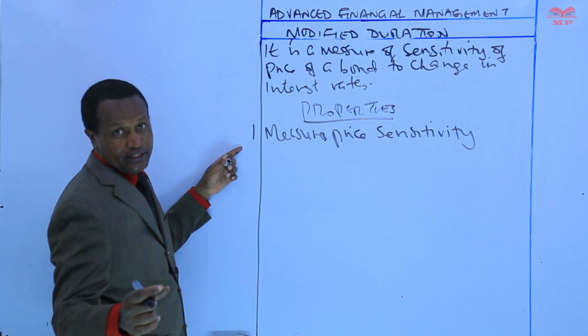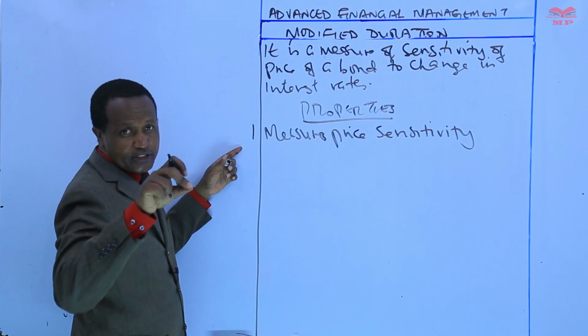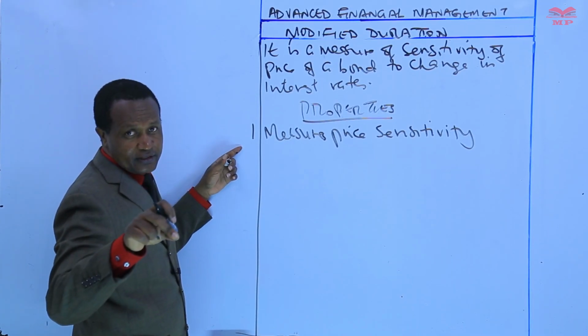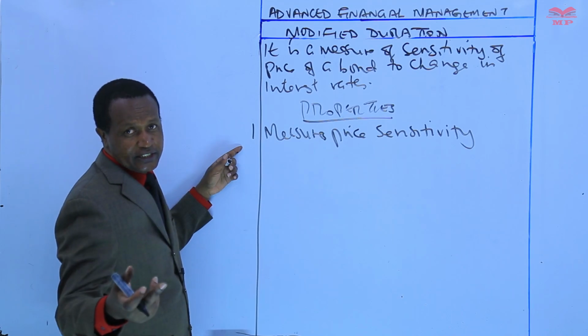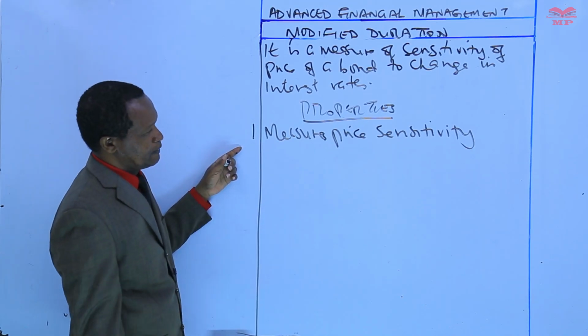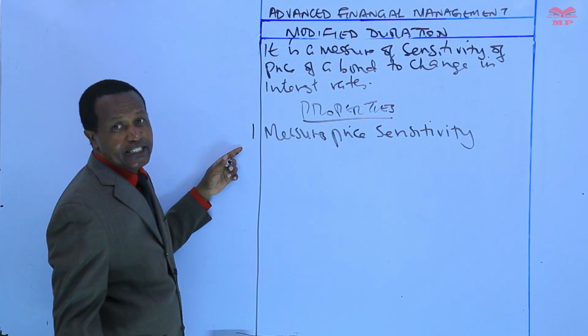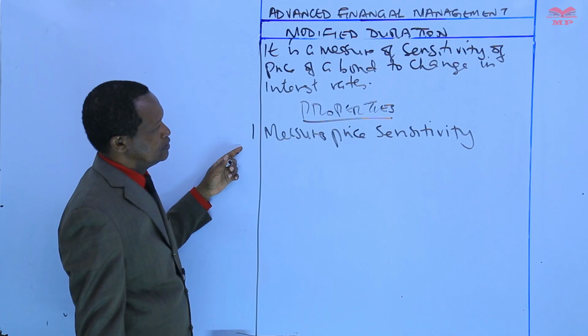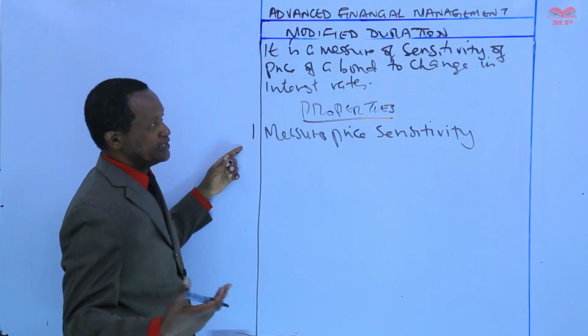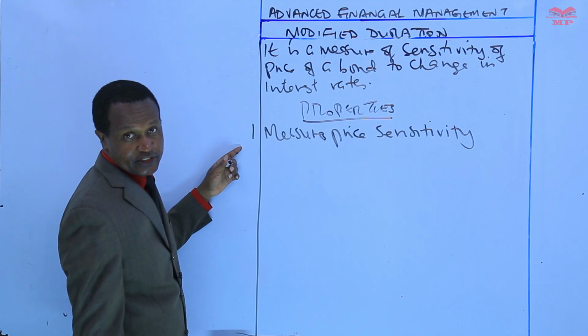The duration directly quantifies the percentage change in the bond's price for a 1%, 100 basis points change in its yield to maturity. And that is its primary function: measuring price sensitivity to change in interest rates.